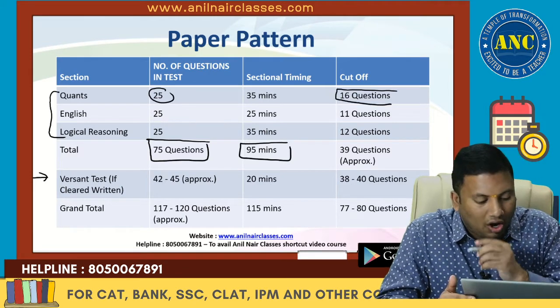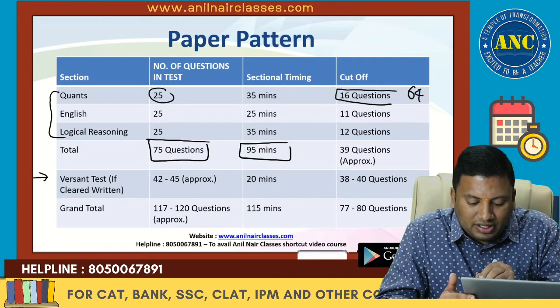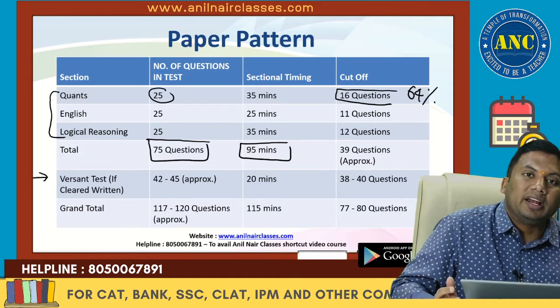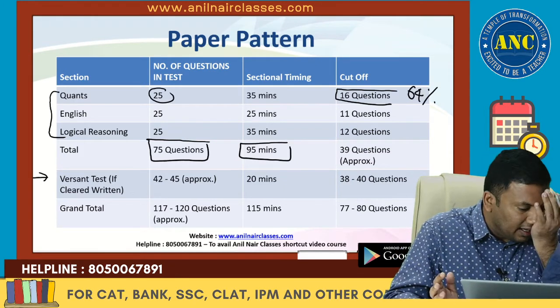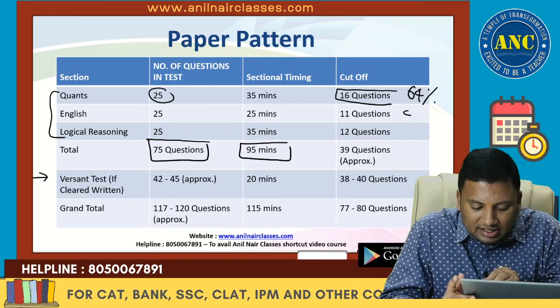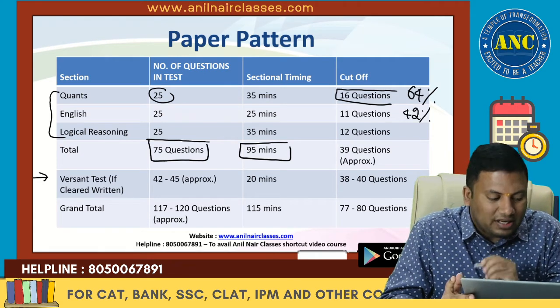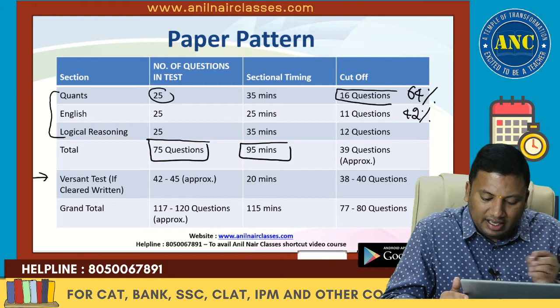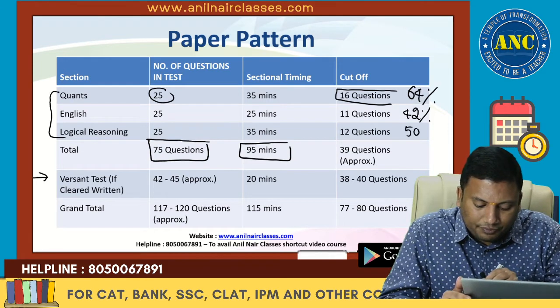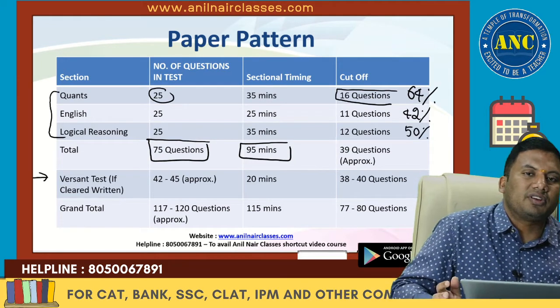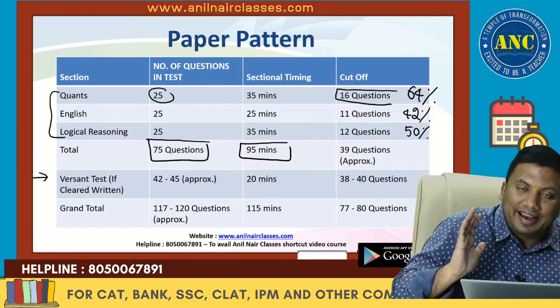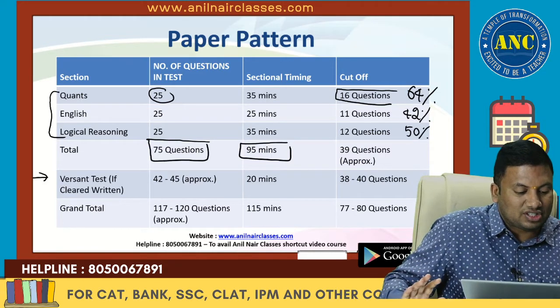That means almost 64% of the paper in Quant you should get right. Here also it is somewhere close to 42% as the sectional cutoff. Here it is close to 50% of the questions you should get right to clear the first round.